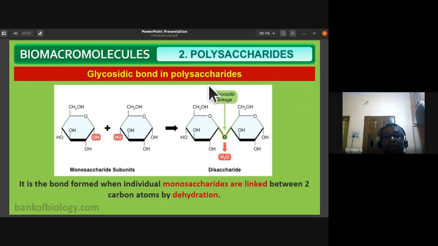So the glycosidic bond in polysaccharides is a bond formed when individual monosaccharides are linked between two carbon atoms by dehydration. We call it the glycosidic bond.